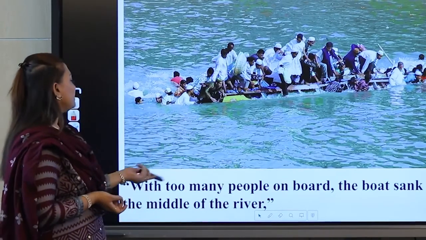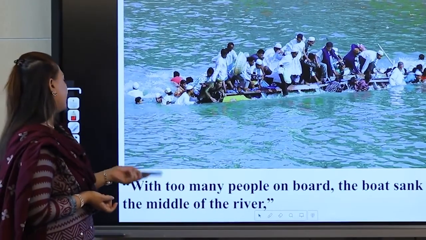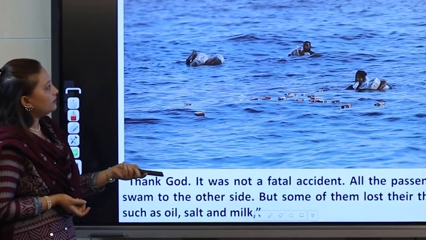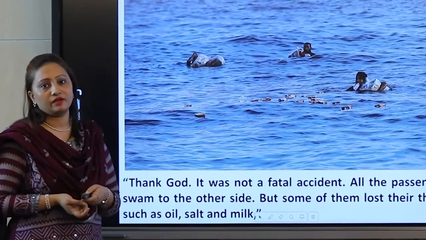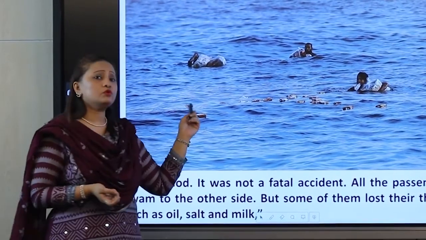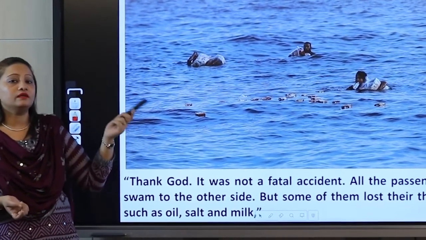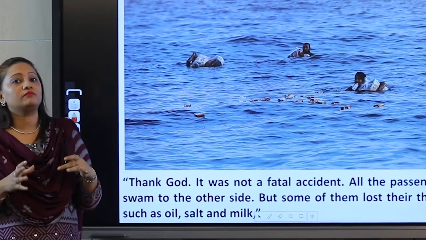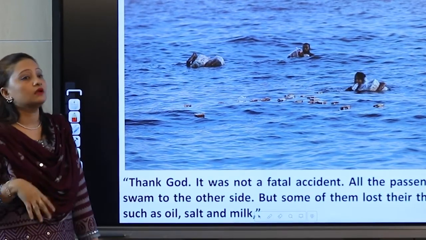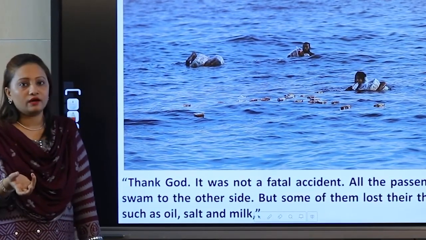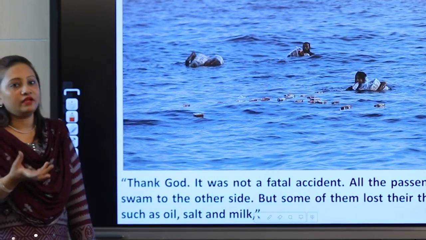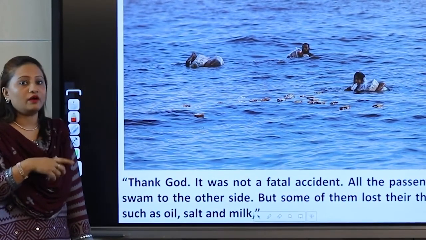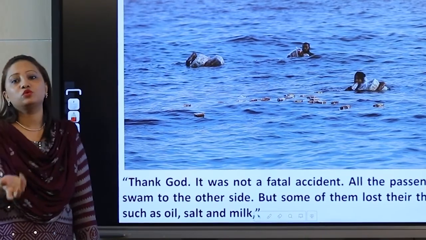So with too many people on board, the boat sank in the middle of the river. And next, these things happen. The people who were traveling on that boat needed to go to the haat. And they had a lot of things with them like salt, wheat, oil and sugar. If it gets into the river water, it is unable to be used.